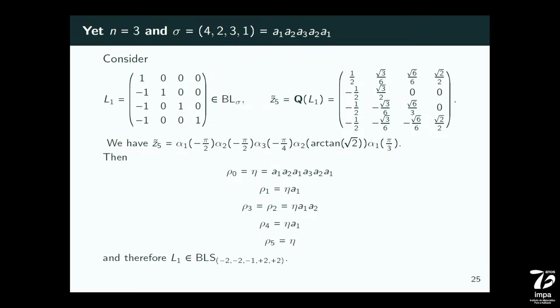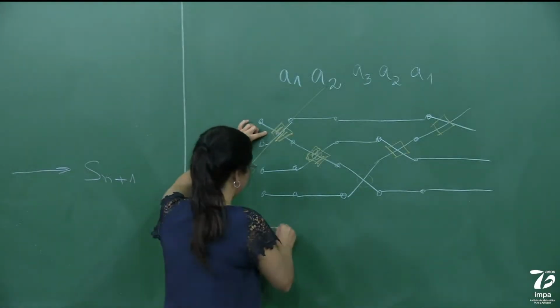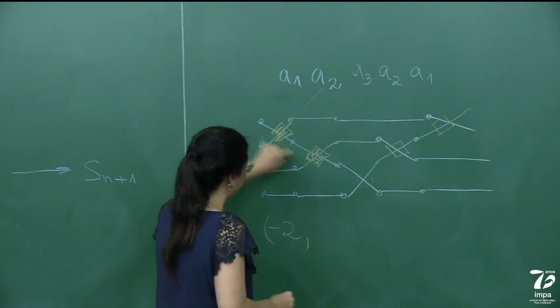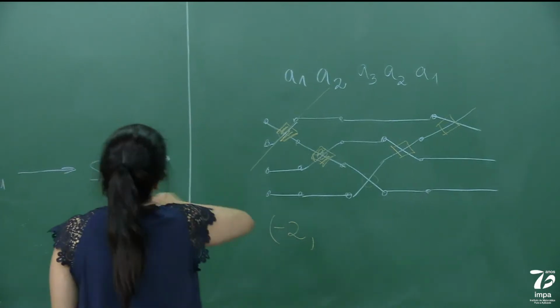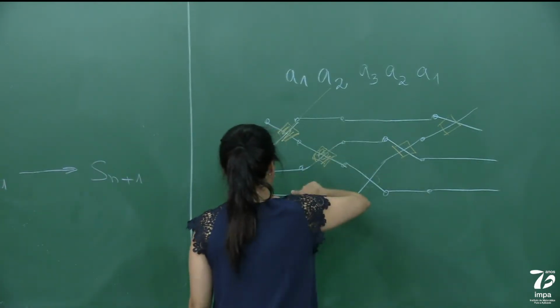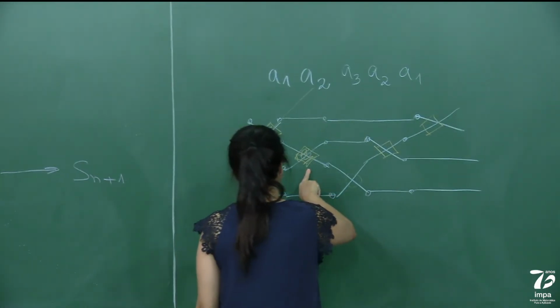If someone wants, we can do the computation, but the number of inversions went down. So I take this generator and I put -2 in this label. Then I do this again, I look here, I pass for this generator, I choose.